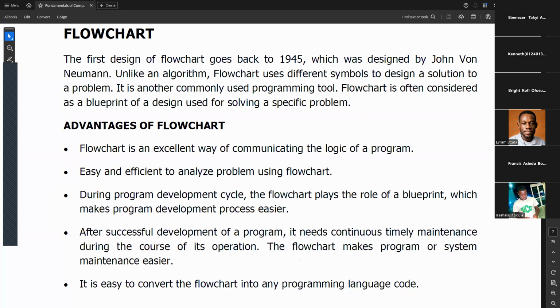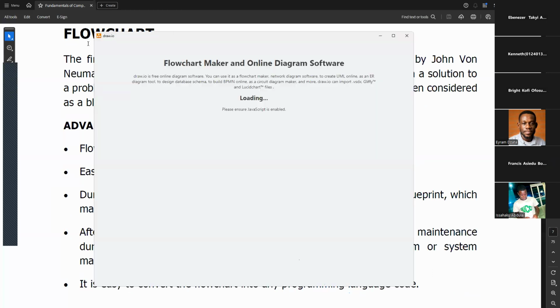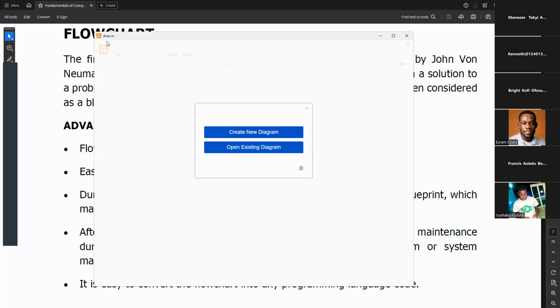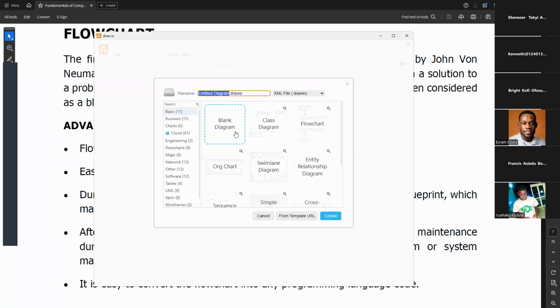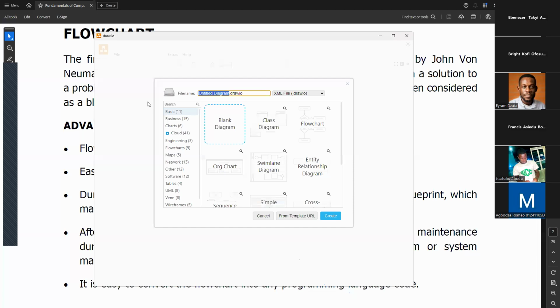Now, if you have your personal PCs, I'd want you to download this application. It's known as draw.io. You can have it downloaded on your personal laptop.